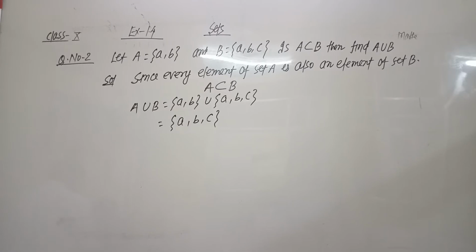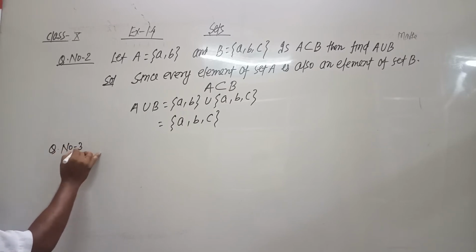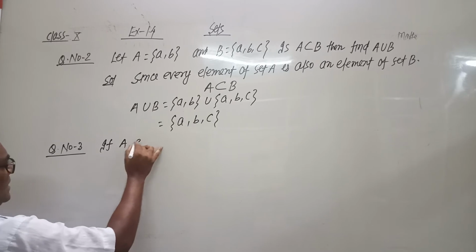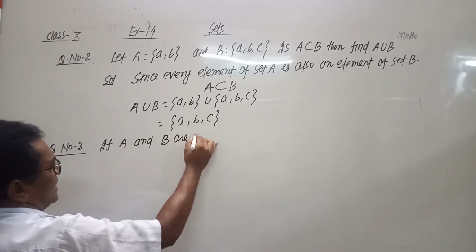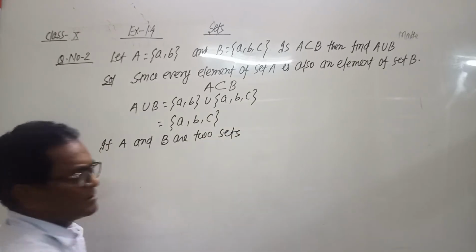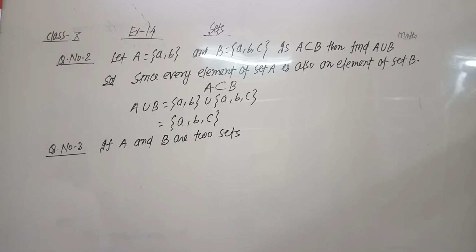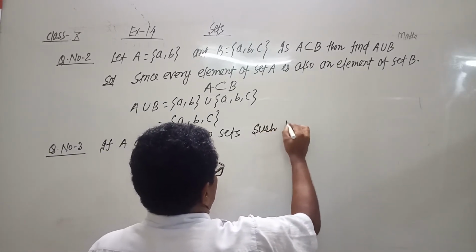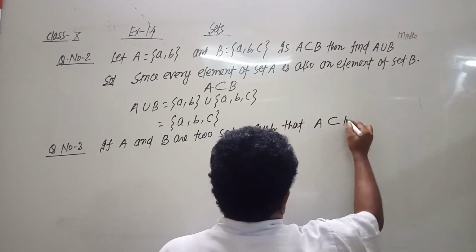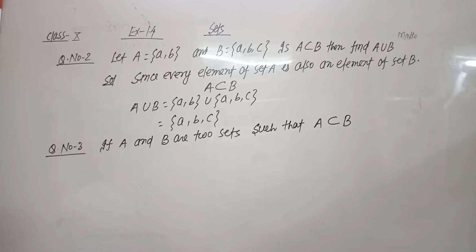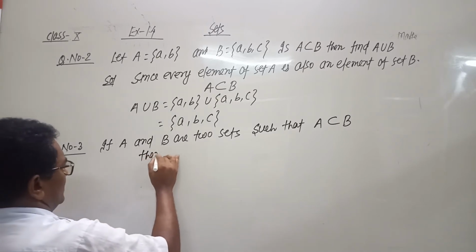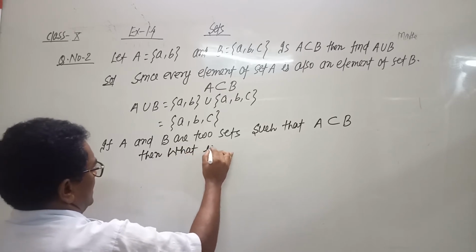Now question number 3. If A and B are two sets such that A is a subset of B, then what is A union B?